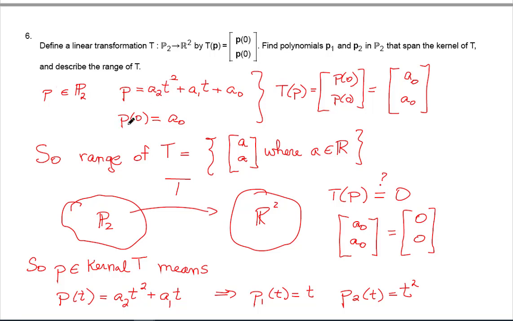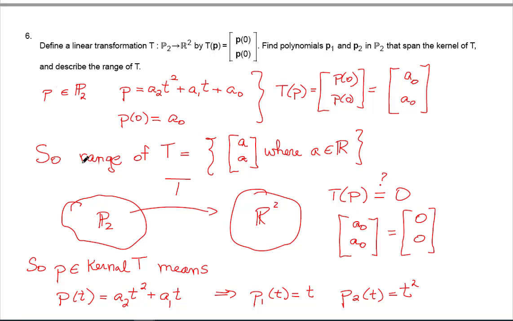So what about P at 0? Well, P at 0, that's 0, that's 0, is just a0. So that says that T of this polynomial as they defined it is P at 0, P at 0 repeated, which says that T of the polynomial is simply a0, a0.